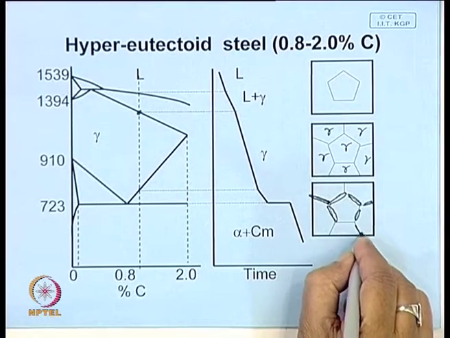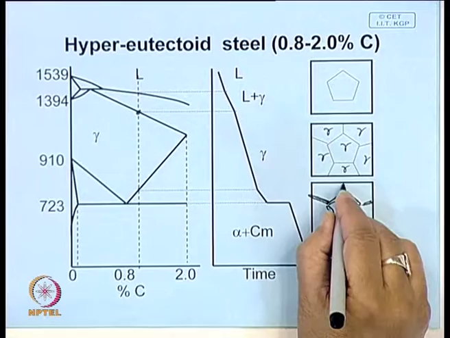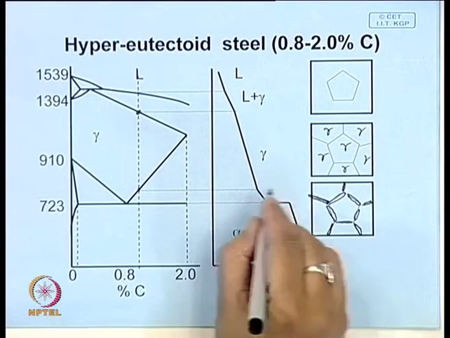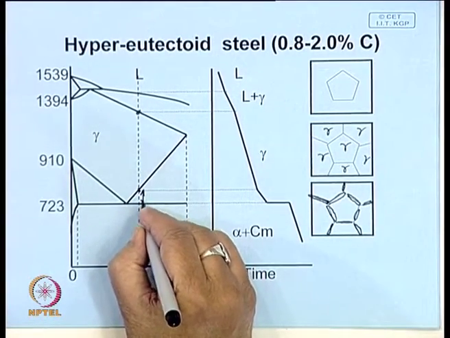This is the pro-eutectoid cementite, and all this process of precipitation of cementite along the grain boundary takes place in this temperature range.